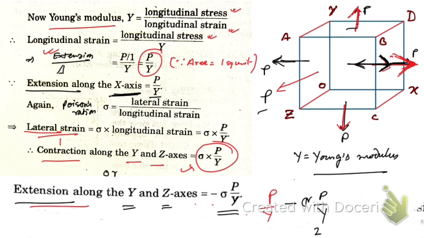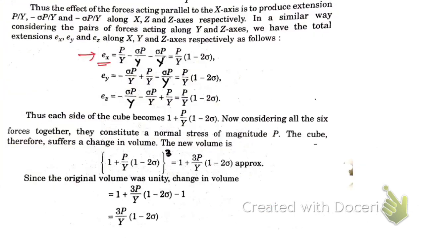One is due to the P along z, and due to the force P along y, right? So here we need to subtract this contraction, then we will get the net extension along the x-axis. This is what we have got here, you can see. Here P by Y is taken common, so we have got this.